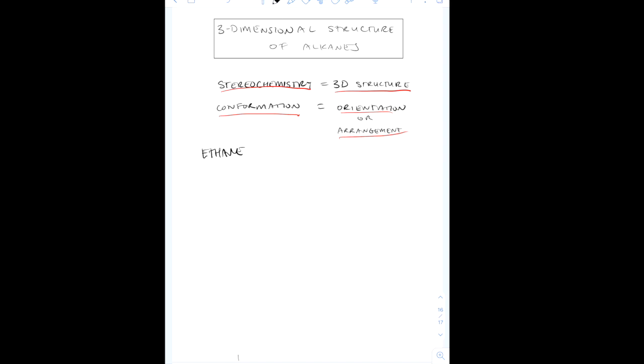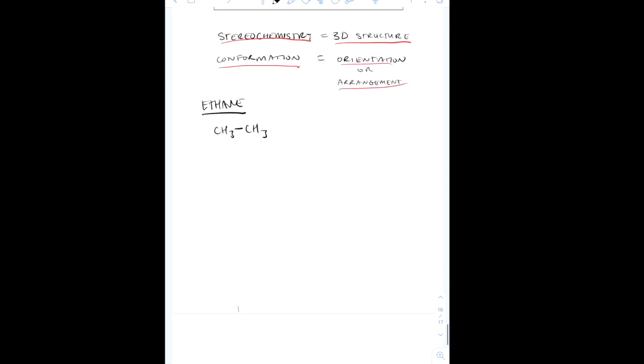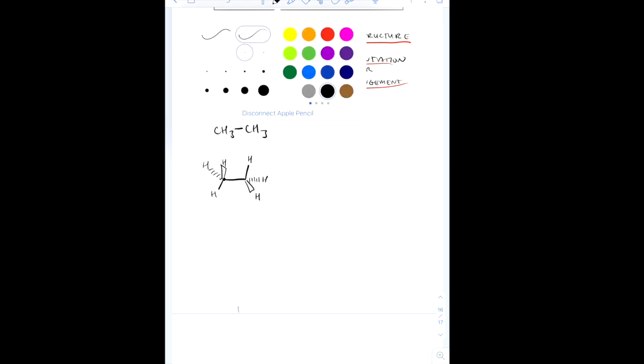So the first molecule that we want to discuss when we're talking about conformation is ethane. So this is CH3, CH3. There's just 2 carbons bound together. We can also draw this, remember, with our wedges and dashes. And then we've got our hydrogen, hydrogen, hydrogen, and hydrogen.